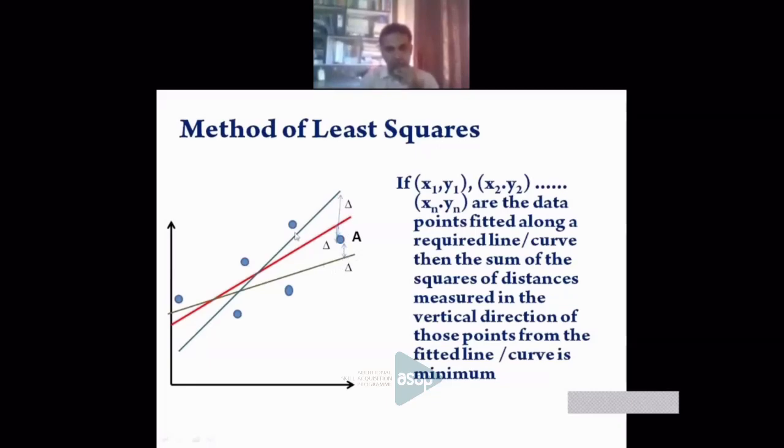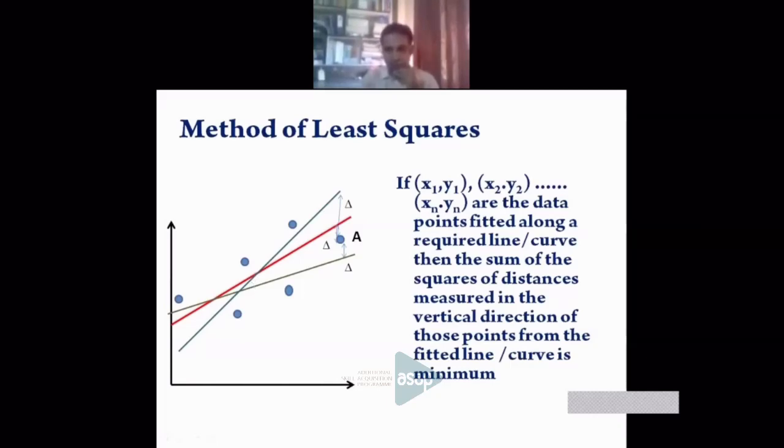Likewise, every point has a vertical deviation from its original plot to the line which you have fitted. If you square these differences, square this vertical distance, and sum it up, the line which gives the least sum is the best fit line.